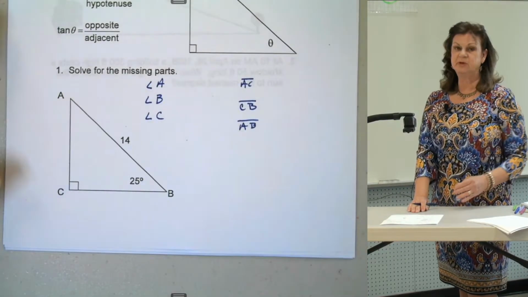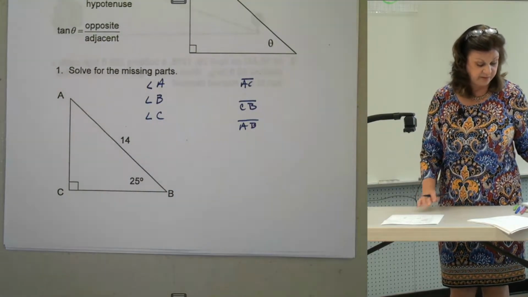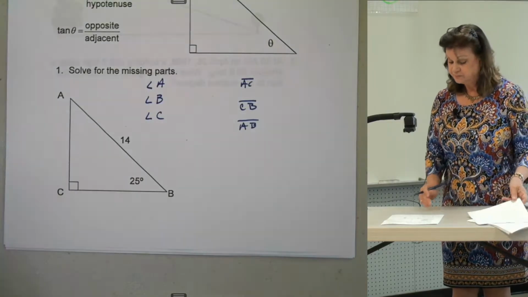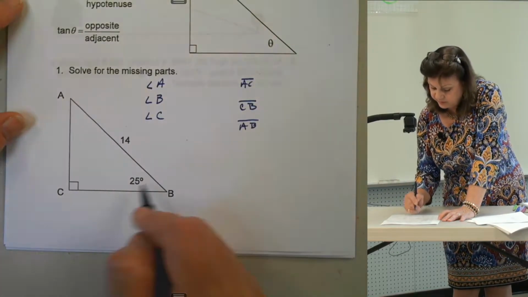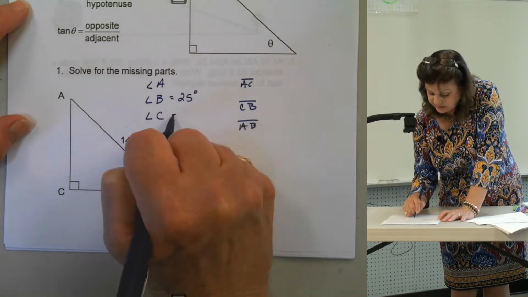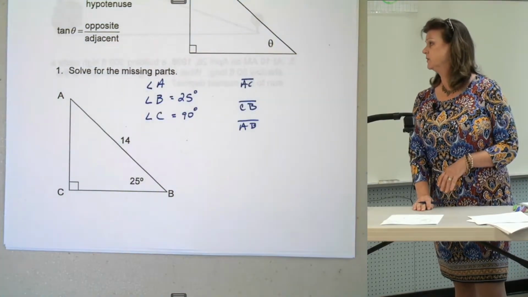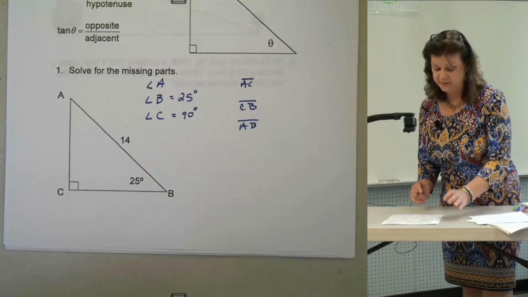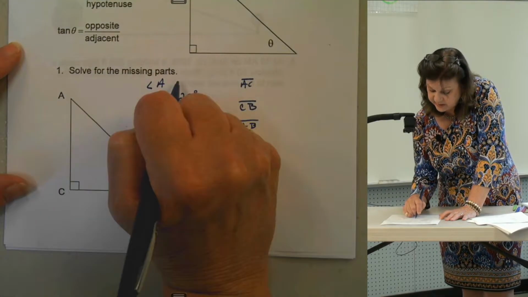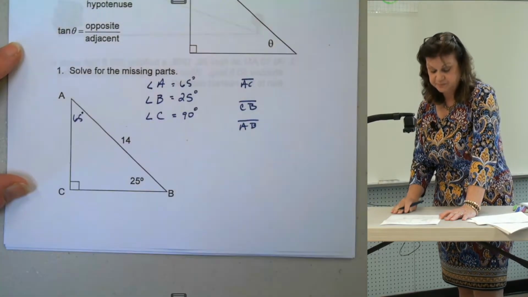So those are the 6 parts of the triangle that we need to have identified and figured out the values for. Well, clearly angle B is 25 degrees. Angle C is 90. And we know that there's 180 degrees in a triangle, so 90 minus 25. Angle A is 65 degrees.